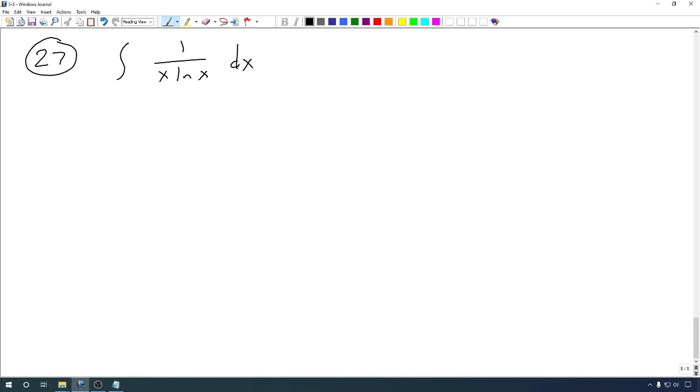It looks like that if we would try substitution, we'd let u be the entire bottom of the fraction. But if we were to set u equal to x ln of x, when we differentiate this thing, we have to use the product rule here. The derivative of x is 1, so we have a natural logarithm of x by itself. But then we'd have x times the derivative of the natural logarithm of x.